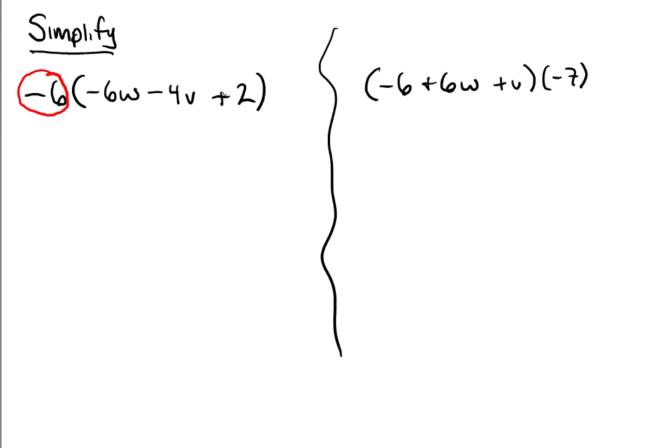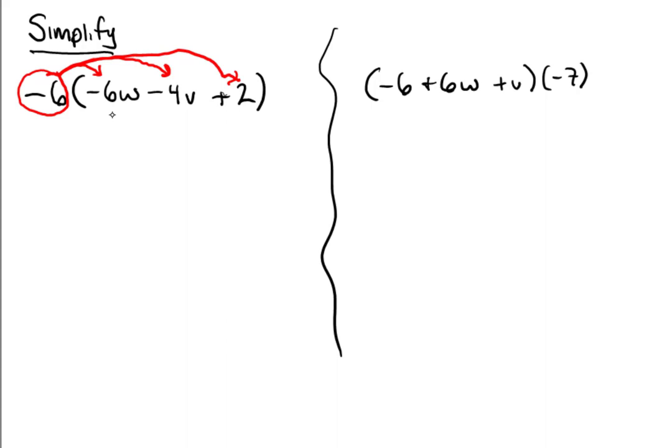subtraction in the problem. So in this case, since there's three pieces, that means I'm going to have to multiply on there, and multiply on there, and multiply on there. So, first case, -6 times -6w.